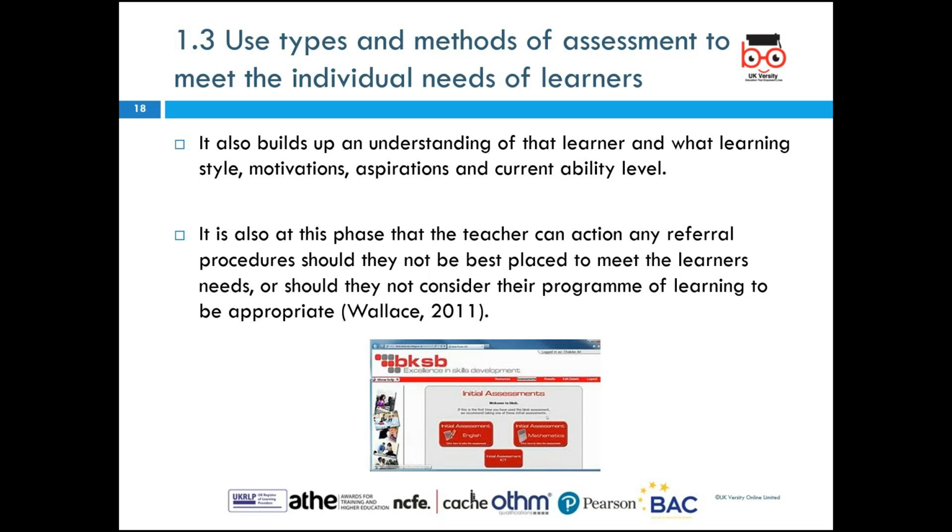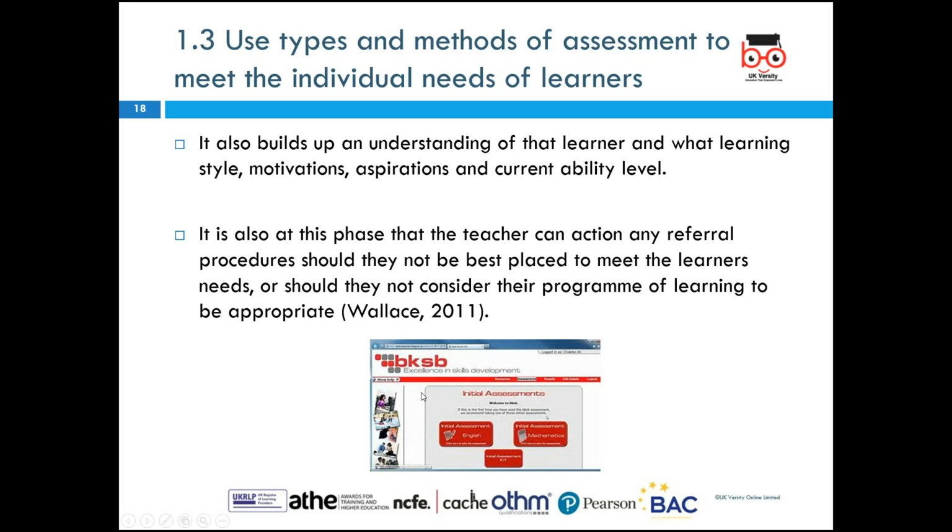Now, if you have ever done other courses in functional skills, you might have come across the BKSB initial assessments. If you haven't, just type in BKSB, and you'll see they've got assessments that you can do online for yourselves as well. A lot of companies actually pay to have that program, where they'll get you to do tests like the Manchester College.